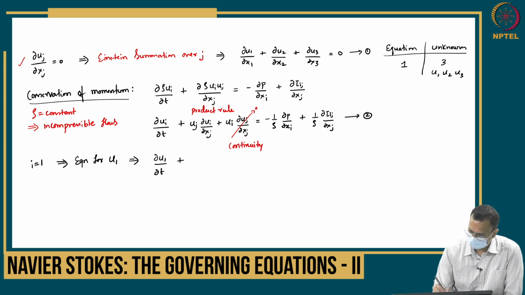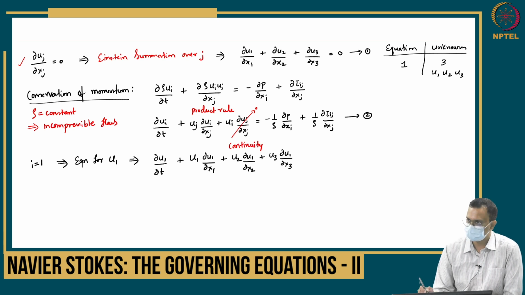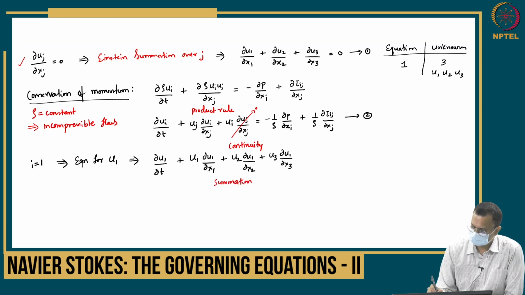So you have to write u1 ∂u1/∂x1 plus u2 ∂u1/∂x2 plus u3 ∂u1/∂x3. j is summed over, summation rule.